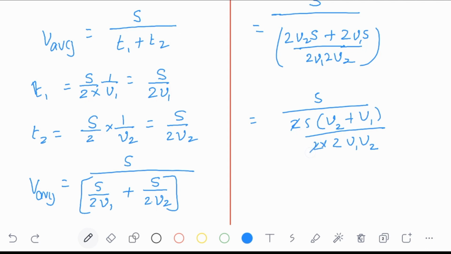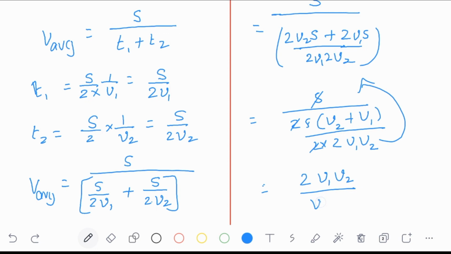So I can cancel 2 and 2 here, and also the s and s. The terms in the denominator can shift to the numerator. So 2v1 v2 should go to the numerator here, and then my answer is 2v1 v2 divided by v1 plus v2.